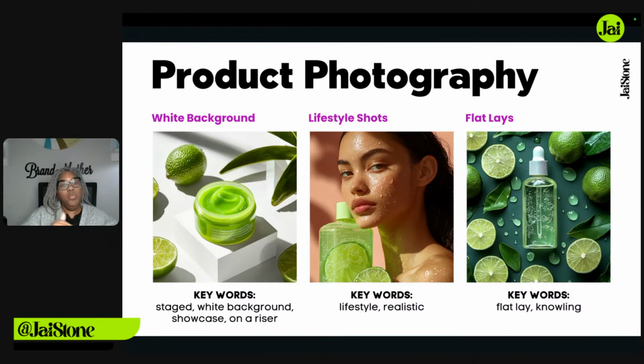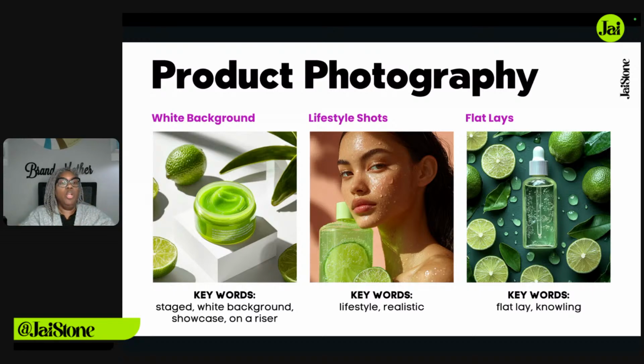Okay, so some keywords for white backgrounds, okay, is staged, right? So if you can say, hey, product photography, staged hand cream image, right? You can say white background, you can say showcase, right? In a showcase, it knows that it needs to have it positioned in some sort of maybe retail showcase, right?